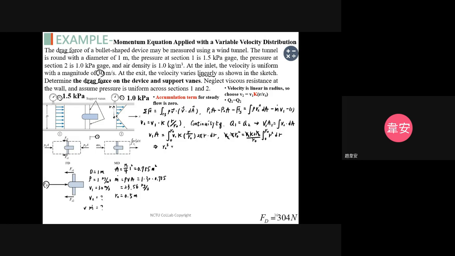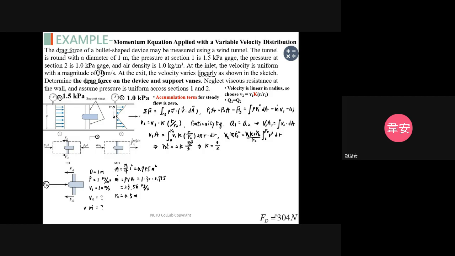On the right hand side we still have 2K, and this integration is equal to R0 cubed over 3, right? So we cancel out the R0 cubed, and finally we know that K is equal to 3 divided by 2.